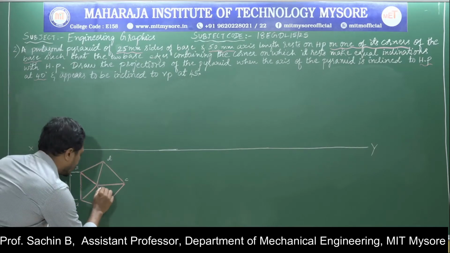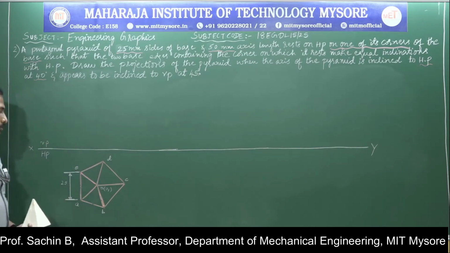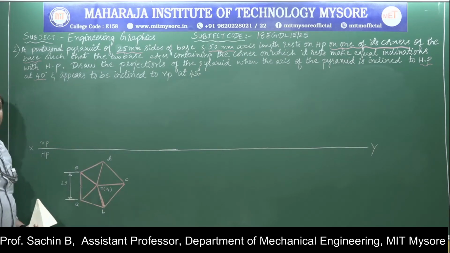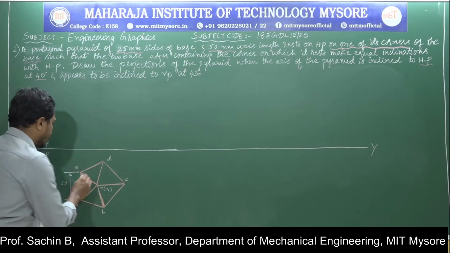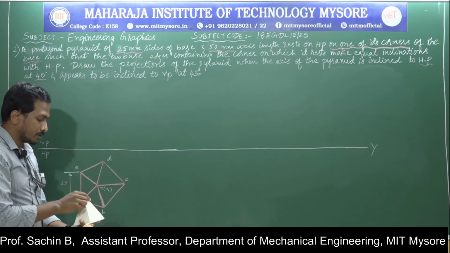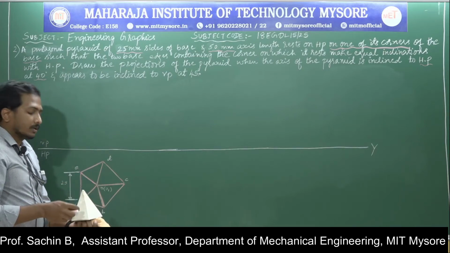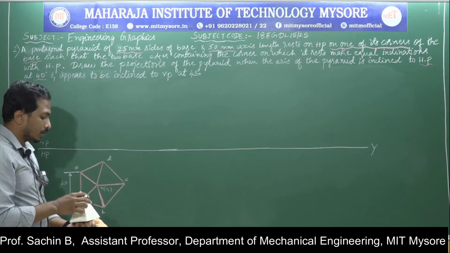I am going to call this O in brackets O1. Means from all the base corners to the apex point in the top view, the visible edges and the slant edges are going to look like this. Now this is my first position. I kept the object like this, and I have drawn the visible edges that are clearly visible for me in the top view.